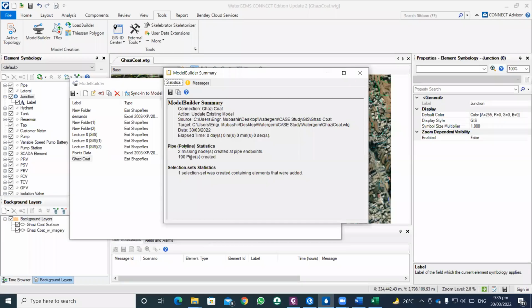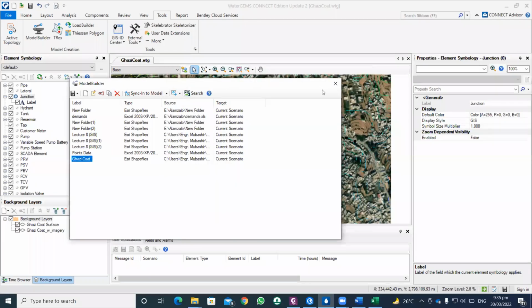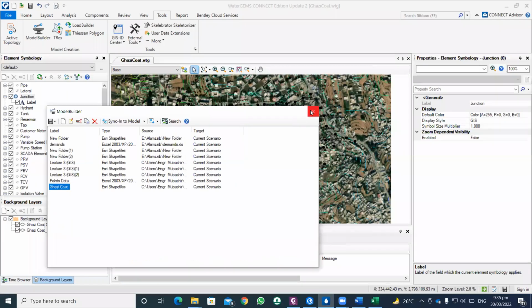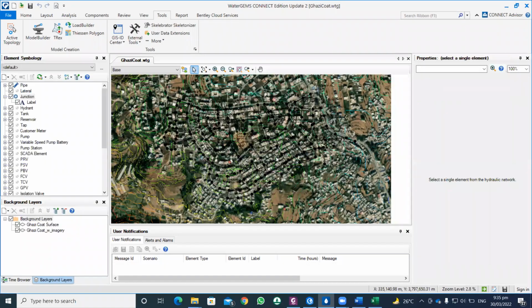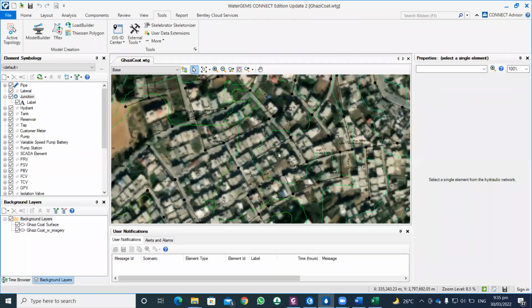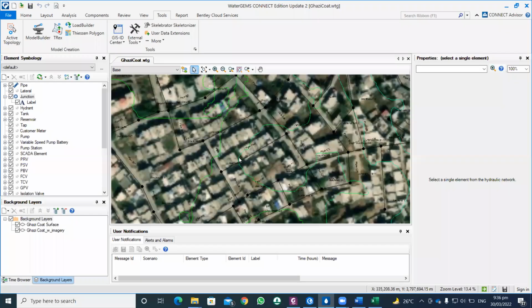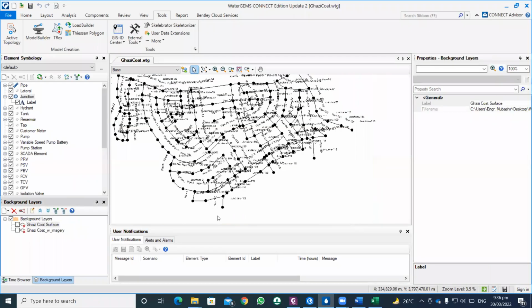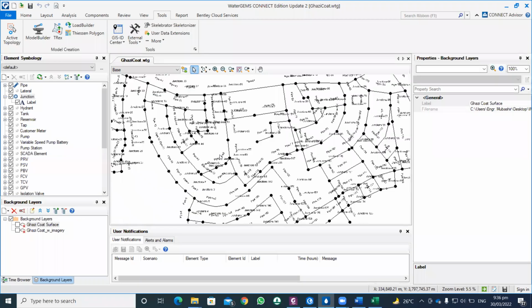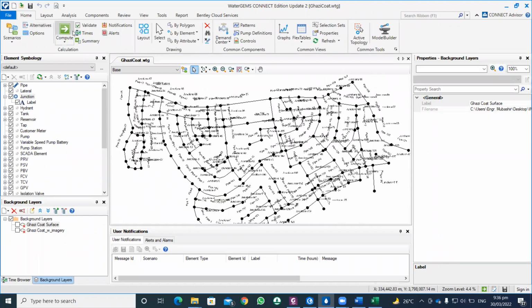Okay, 190 pipes have been created. So the pipes have been created automatically. So you can observe the pipes and the junctions.